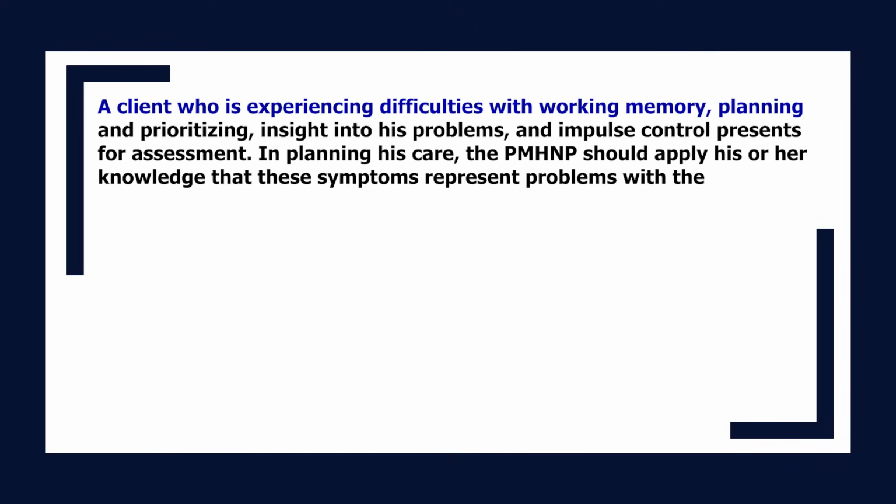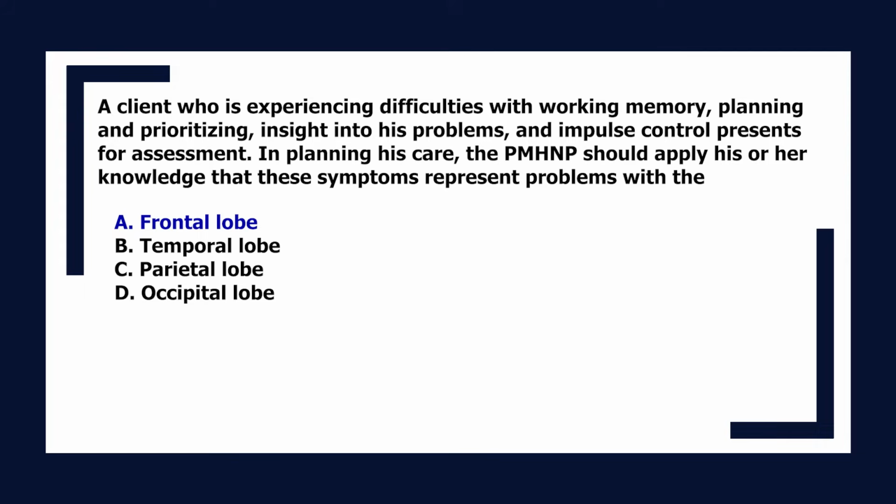A client who is experiencing difficulties with working memory, planning and prioritizing, insight into his problems, and impulse control presents for assessment. In planning his care, the PMHNP should apply his or her knowledge that these symptoms represent problems with the A. Frontal lobe.